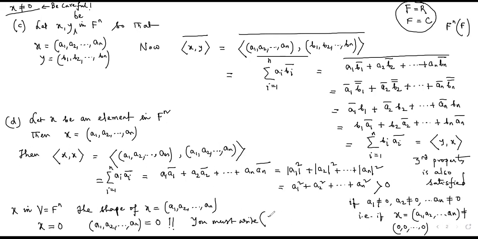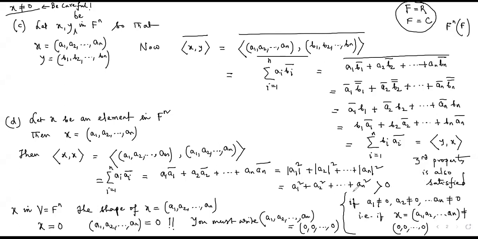So if you want to equate this vector to a zero vector, you must write it like this: a1, a2, dot, dot, dot, an should be equal to 0, 0, dot, dot, dot, 0, so that corresponding components can be matched from both sides. Then you can say a1 is 0, a2 is 0, an is 0. That's why when I write that a1 square plus a2 square plus an square is positive, I mean that they are not all simultaneously 0. Suppose a1 is not 0, a2 is not 0, but an is 0; then it will not bear anything.